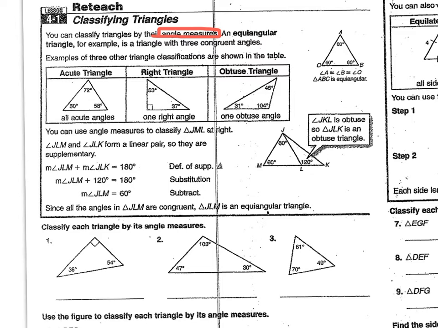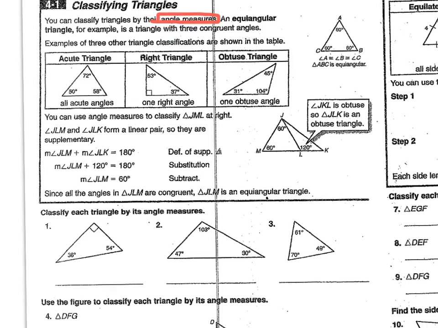The angle JLM and the angle JLK form a linear pair, so they're supplementary. So JLM and JLK are supplementary, which means that the sum of those two angles should be what? 180. So if one angle is 120, what should be the other angle on the other side? It would be 60, and this is the equation to get that angle, okay?